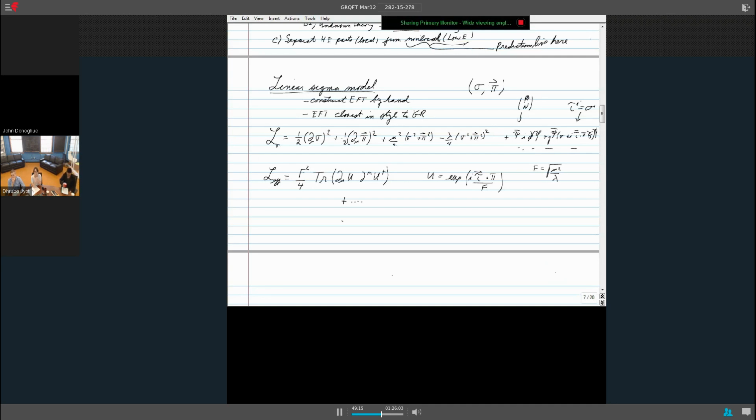This is one of my examples for the heat kernel, where U is exp(i tau dot pi over f), and f in this case is the square root of mu squared over lambda.